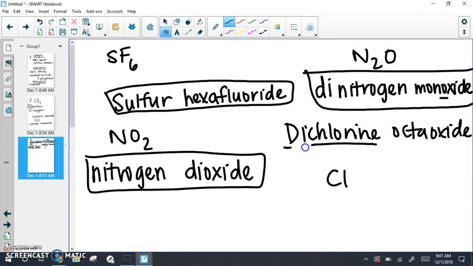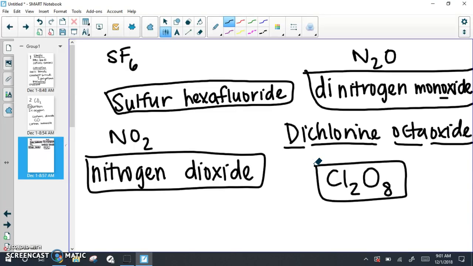Well, you have the prefix di, which means there's 2 of them, so I'm going to put a 2 right there. Now we have the element in here, some oxide. And oxide's not on the periodic table. Remember, that means oxygen. So we're going to put an O right here. And then how many do we have? Octa means 8, so we have 8. And that is our answer right there.